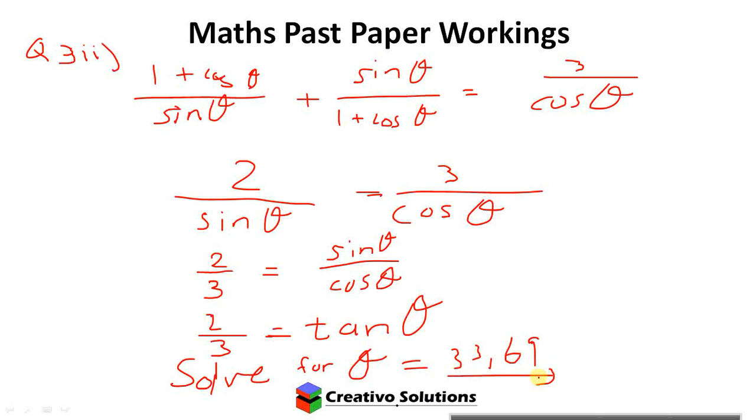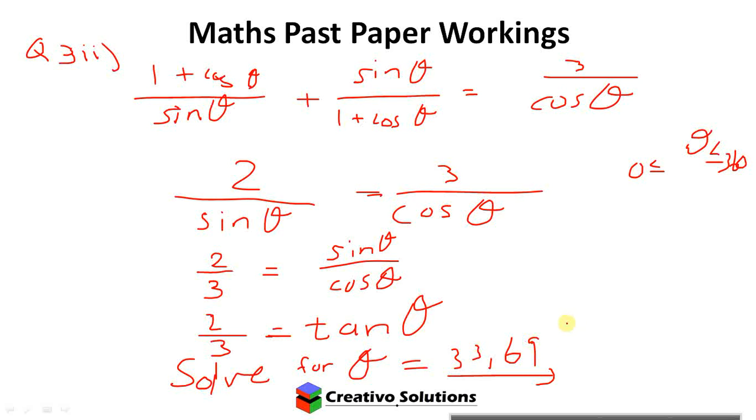Right, they gave you a domain. The question said 0 less than or equal to theta less than or equal to 360. Okay, what's the period for tan? 180. So this is one potential answer.